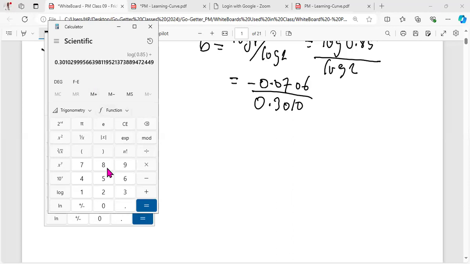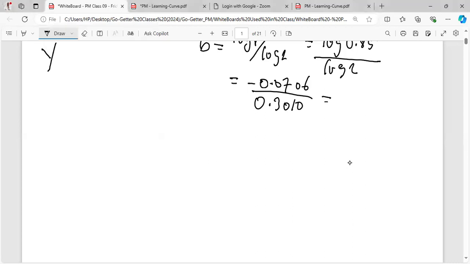I've divided it by the denominator, and it gives me minus 0.2345.